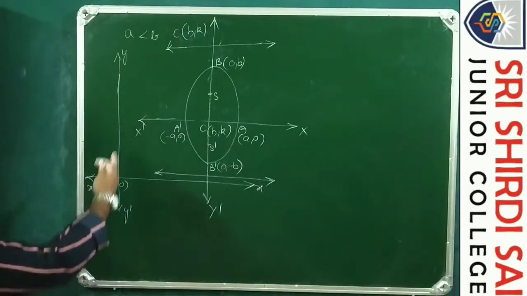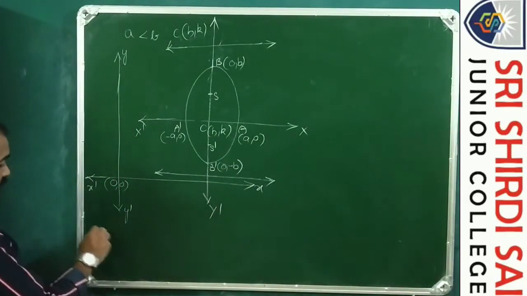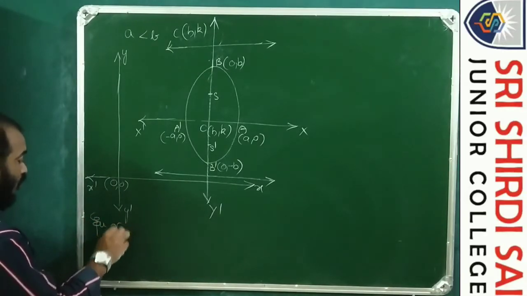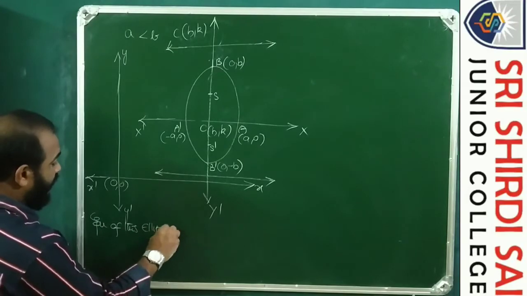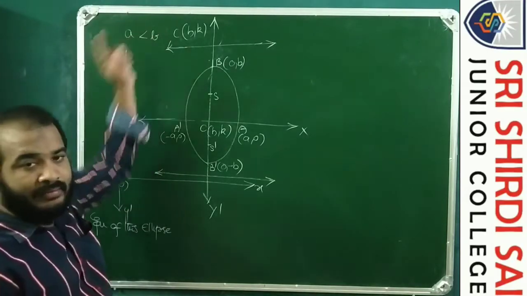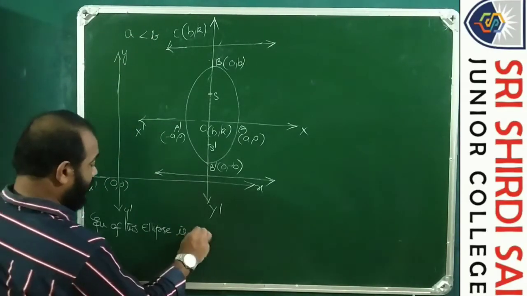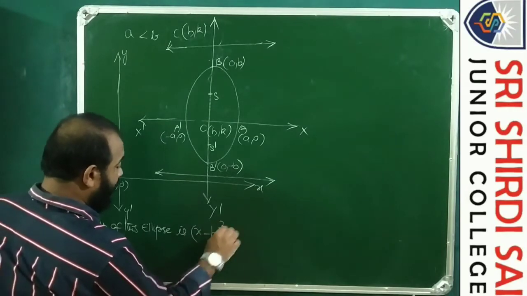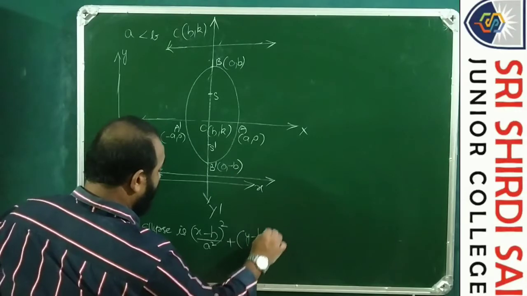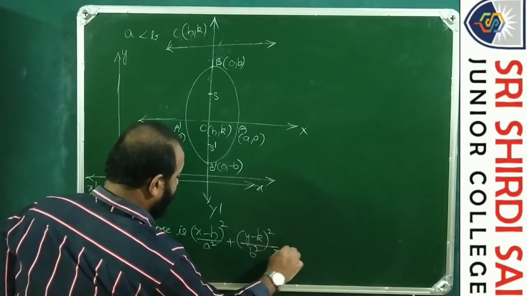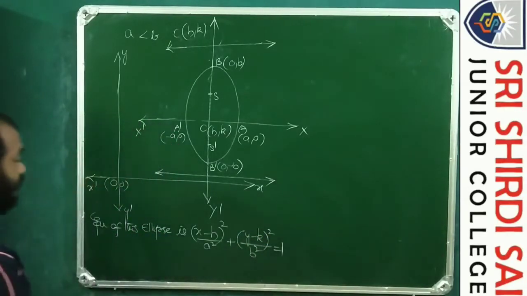So the equation of this ellipse when a is less than b is x minus h whole square by a square plus y minus k whole square by b square equals 1.